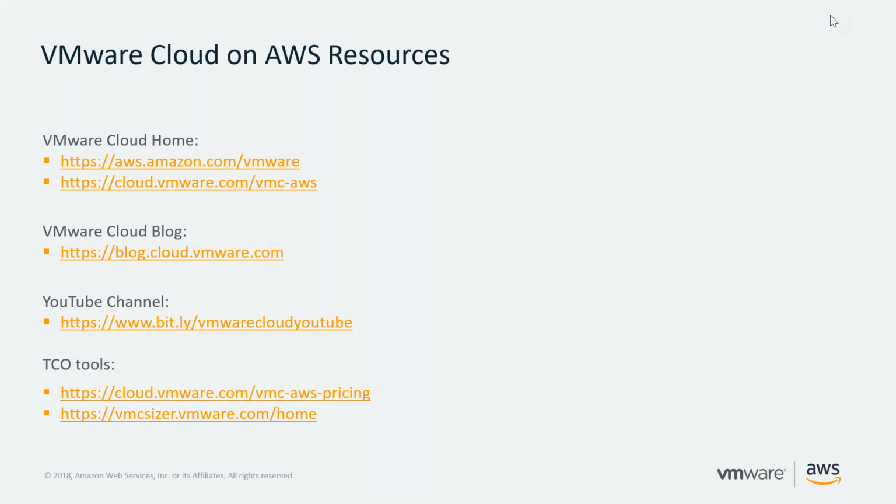And then also check out the TCO tools that are available to you. You can go to cloud.vmware.com/vmc-aws-pricing, and also vmcsizer.vmware.com/home. So there are two different tools to think about. The first one that I mentioned goes through the pricing for you. It shows the pricing that's listed and the discount programs offered around it.